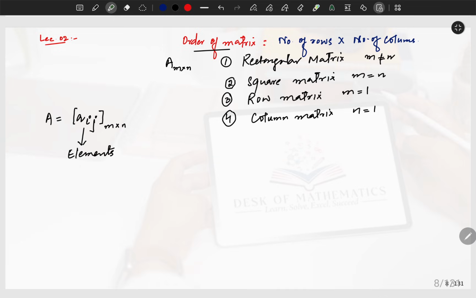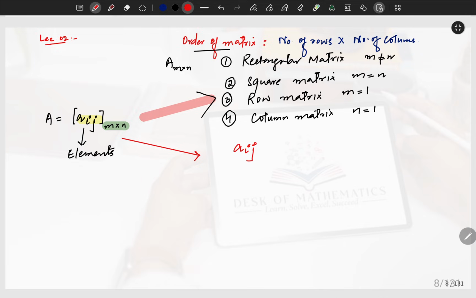So in a matrix, again, I am highlighting here that we have the order, and the second thing that we have is the element of the matrix. So on the basis of order, we have these types of matrices. Okay, so now on the basis of element, we will discuss.